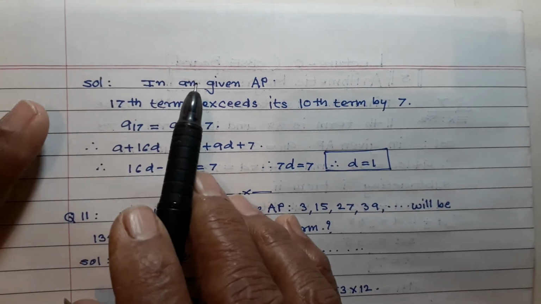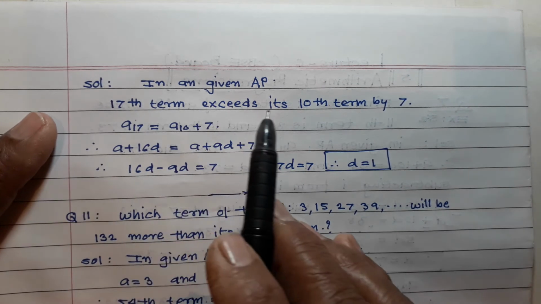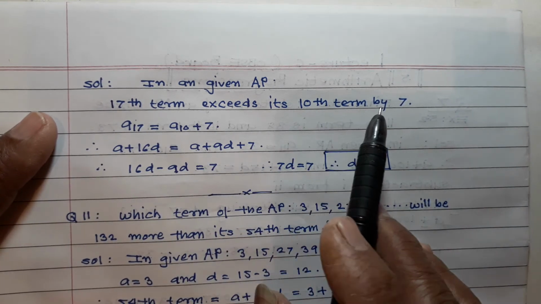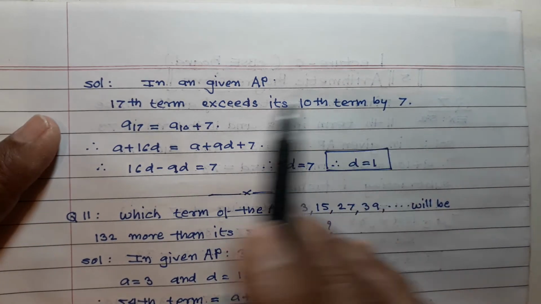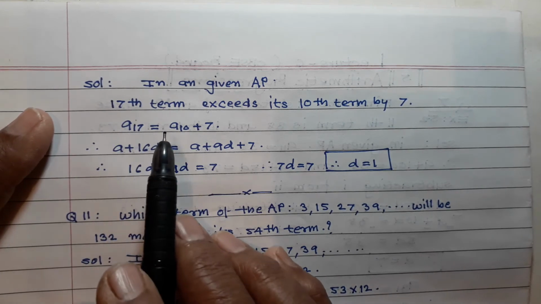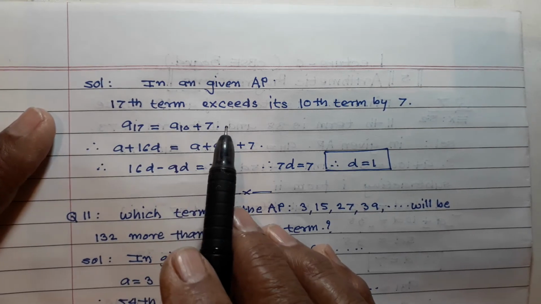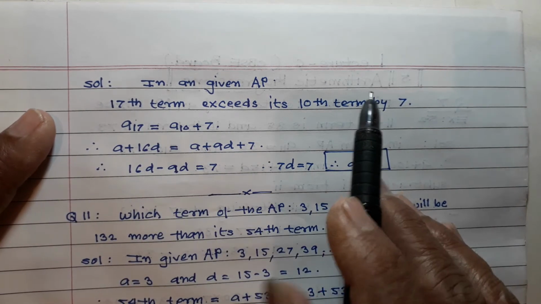Solution. In the given AP, the 17th term exceeds its 10th term by 7, and therefore A17 is equal to A10 plus 7 by this condition.